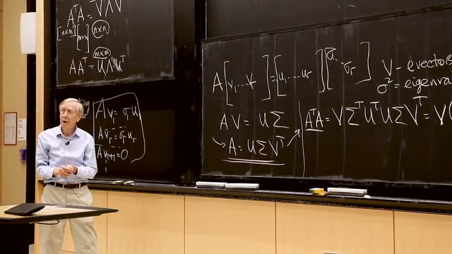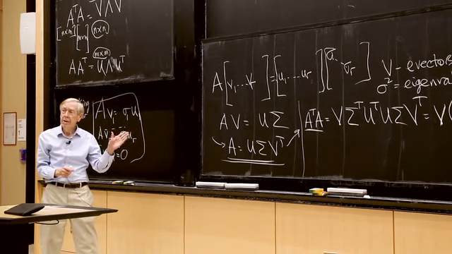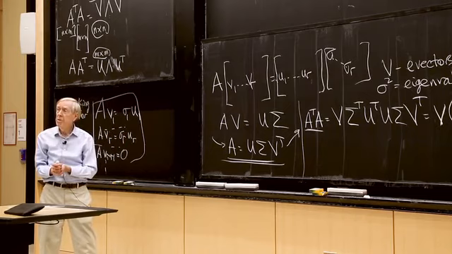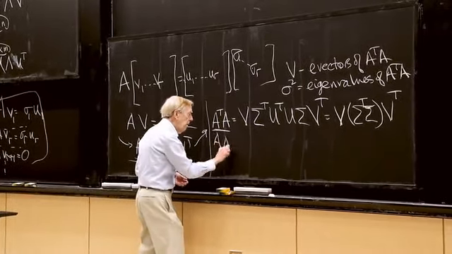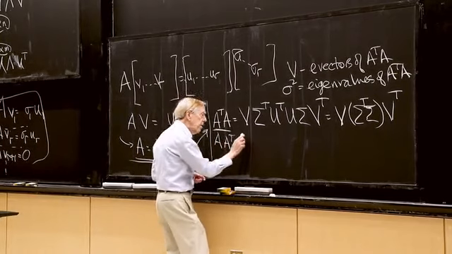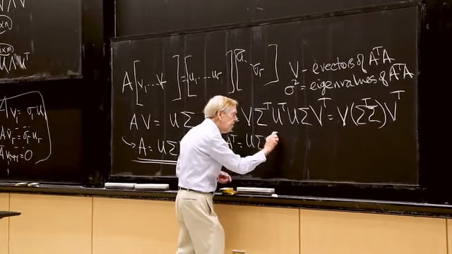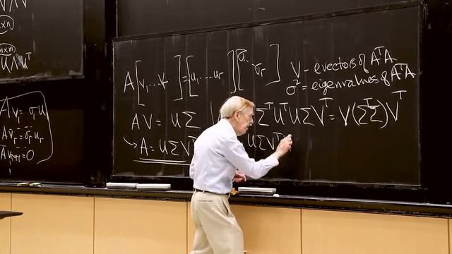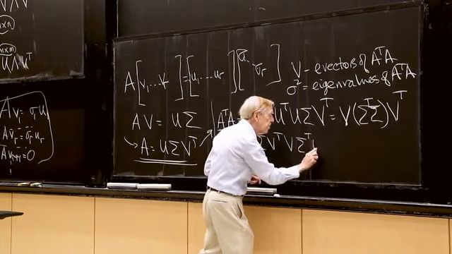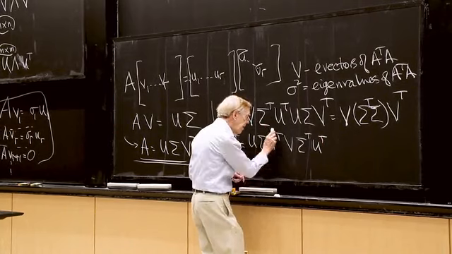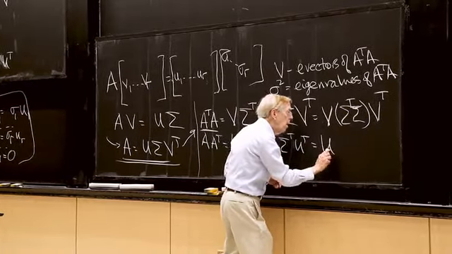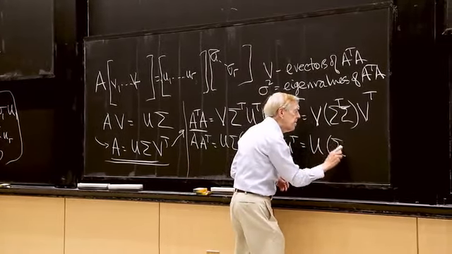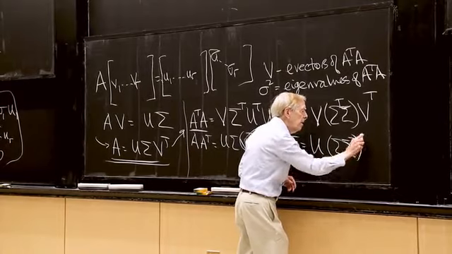what's the other way? Instead of A transpose A, the other way is to look at AA transpose. And if I write all that down, the A is the U sigma V transpose, and the A transpose is the V sigma transpose U transpose. And again, this stuff goes away and leaves me with U sigma sigma transpose U transpose.